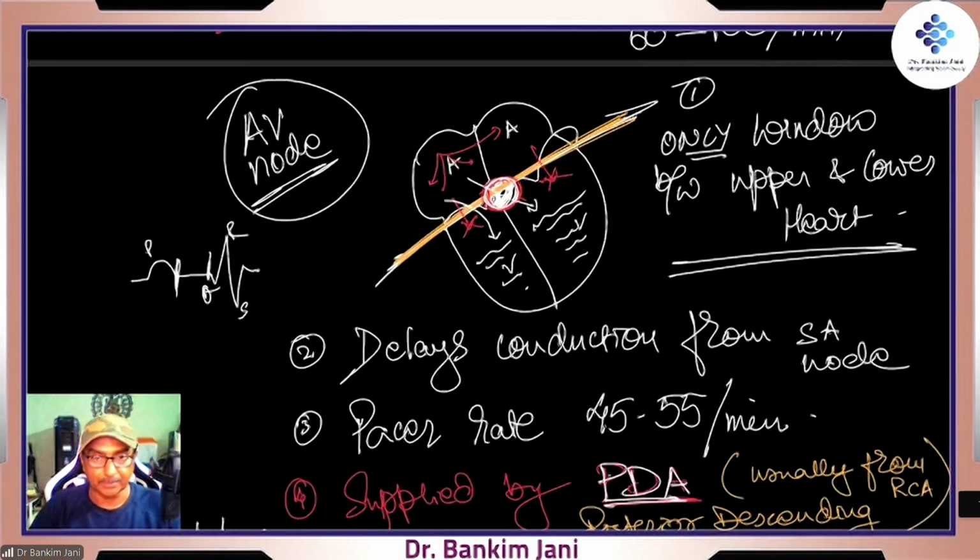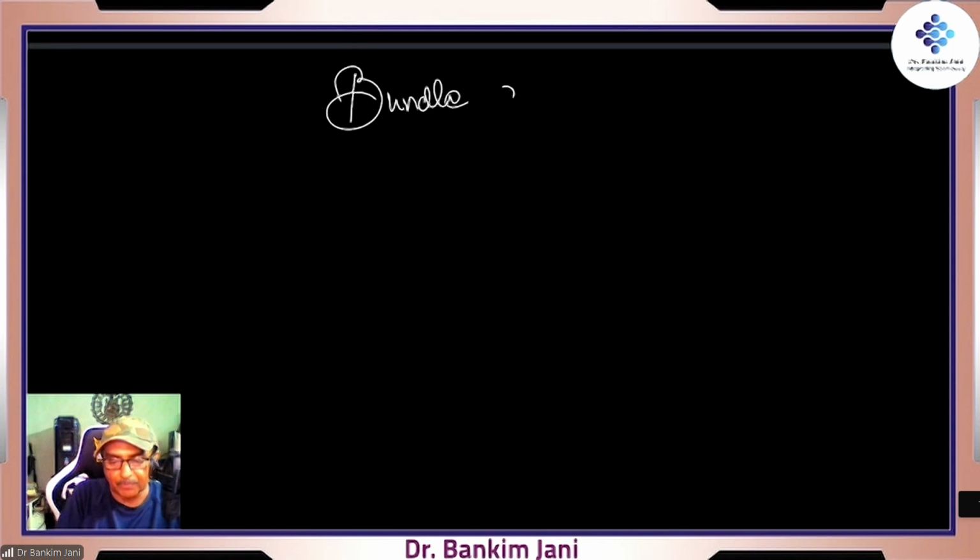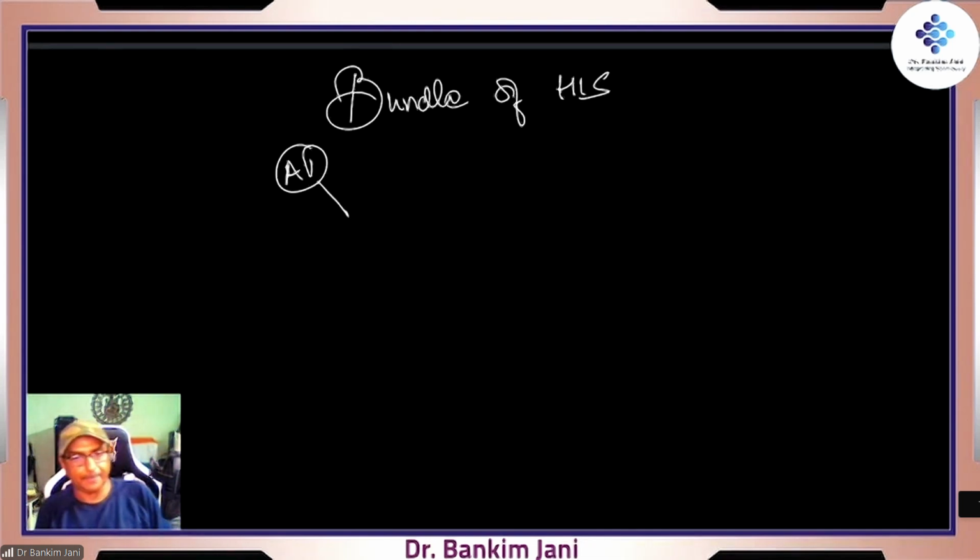Very important, correct? On to the bundle of His, right? Bundle of His. It is that which is coming out from the AV node, and it is this common bundle.